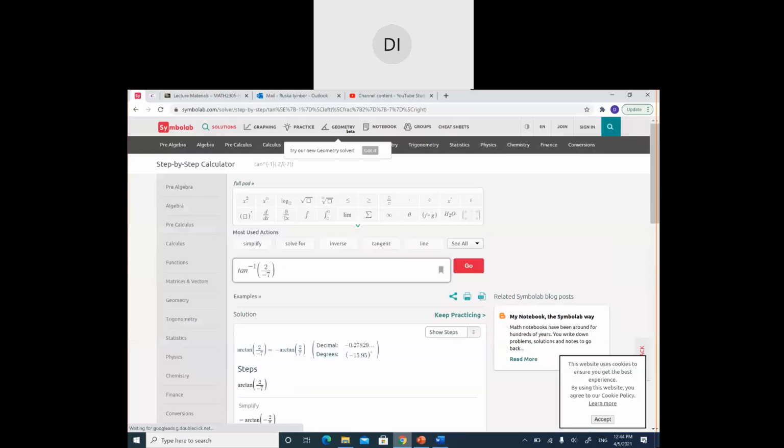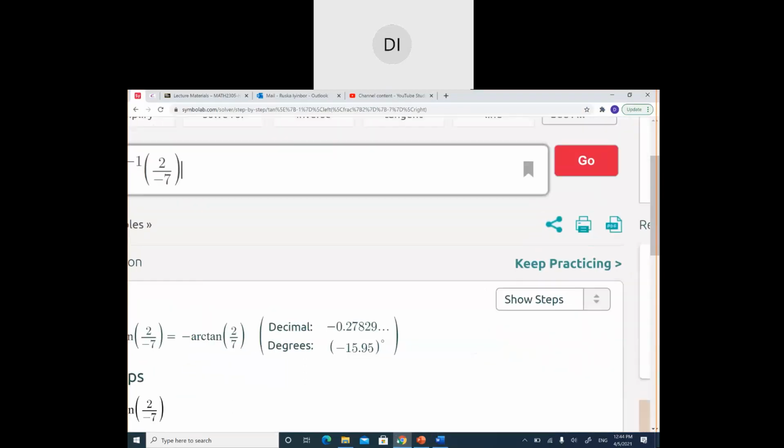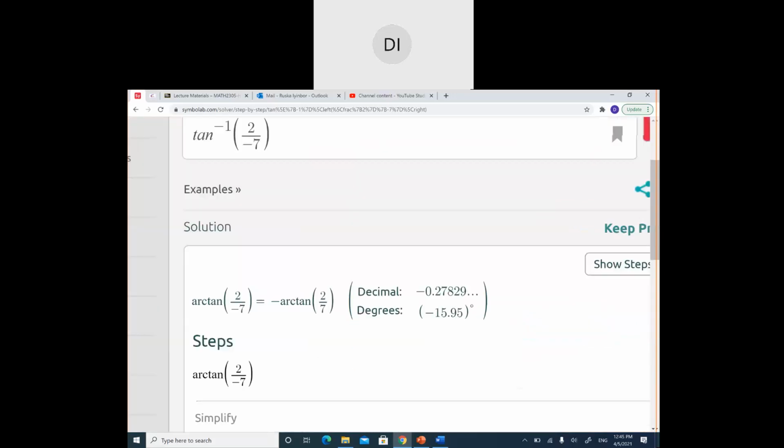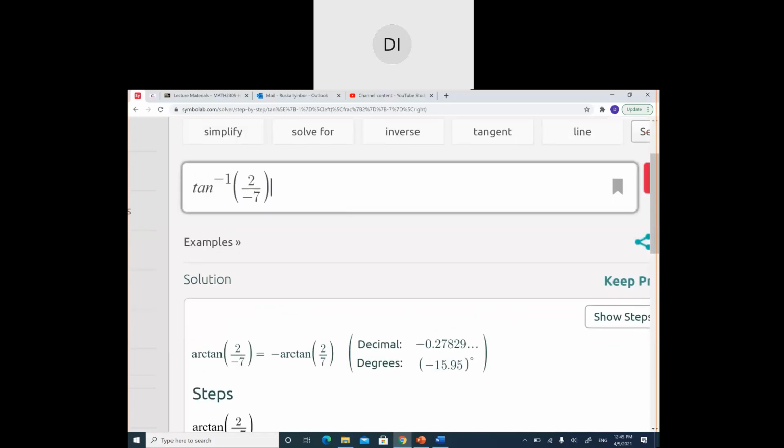This is the degree. Make sure you get the degree angle. So it's negative 15.97. And I'm just going to do it in my calculator on my phone.